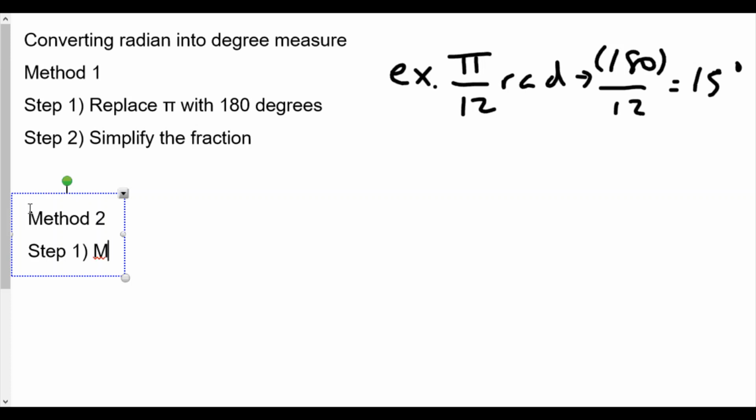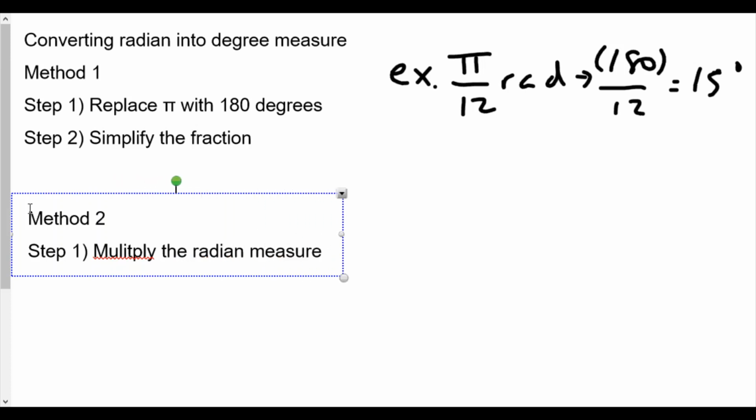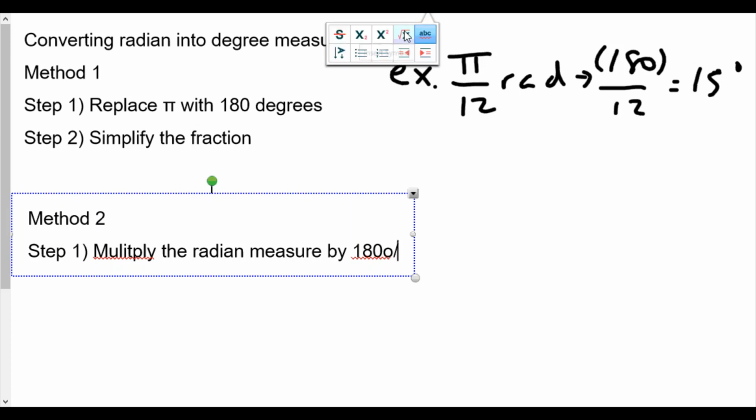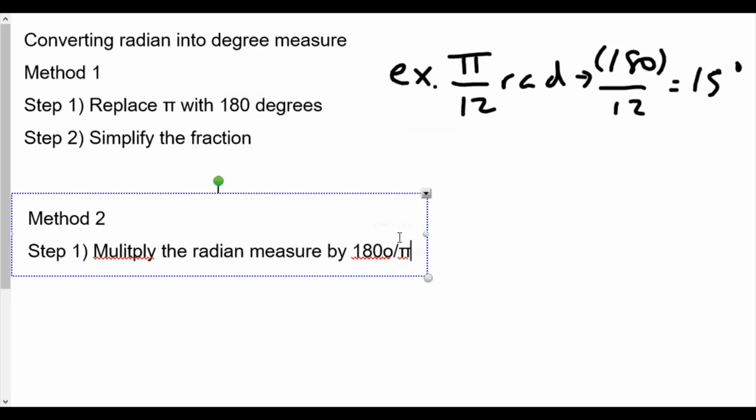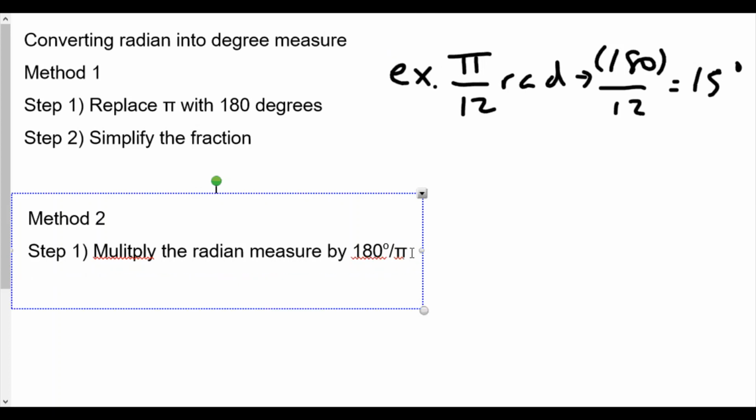Step one, multiply the radian measure by 180 degrees over pi. I just want to make this look like a degree measure, so let's make sure it's specific. And then of course step two, simplify.